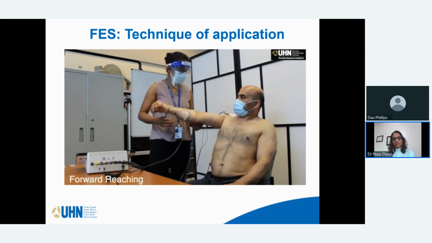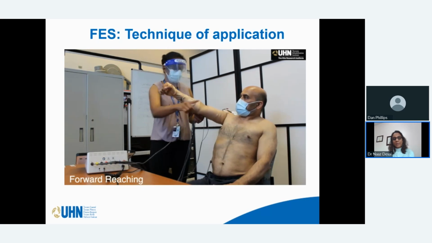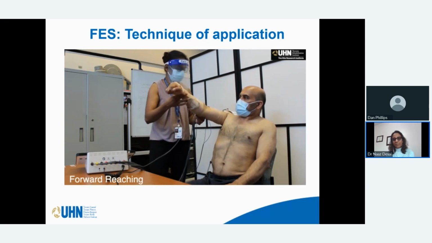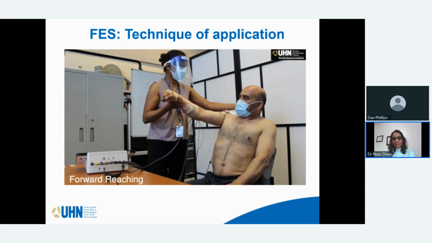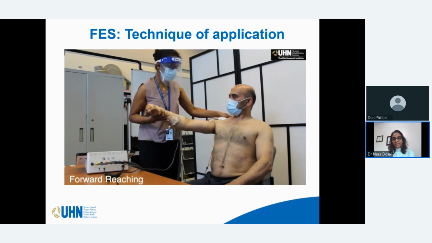And I'm just asking him to try and hold his arm in forward flexion. Again, positioning is important. You want to make sure that the patient is not using trick movements, which is quite common in stroke particularly.